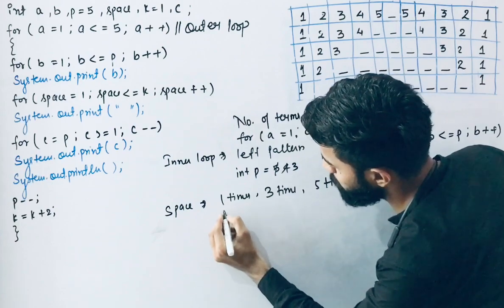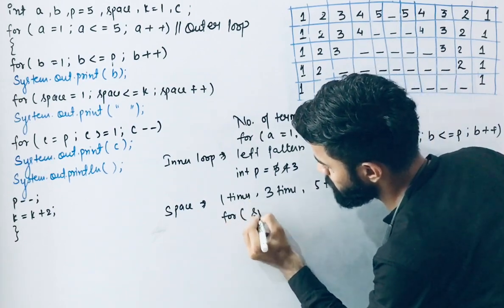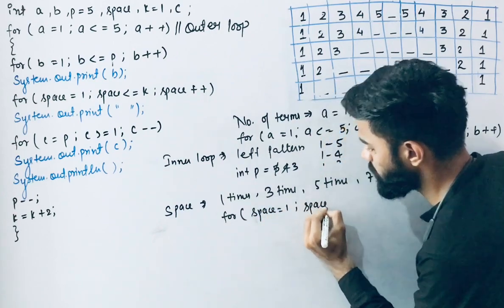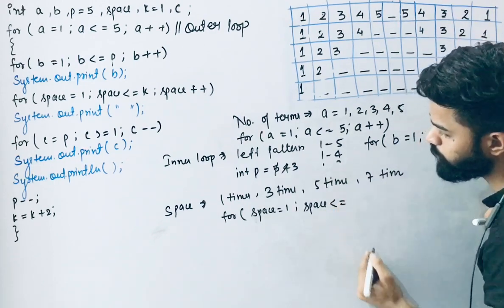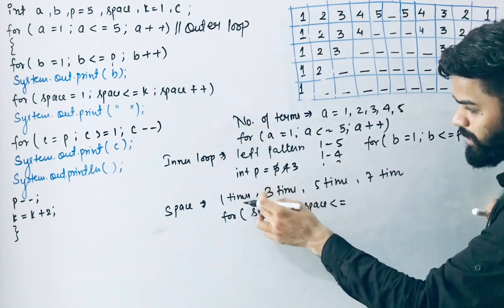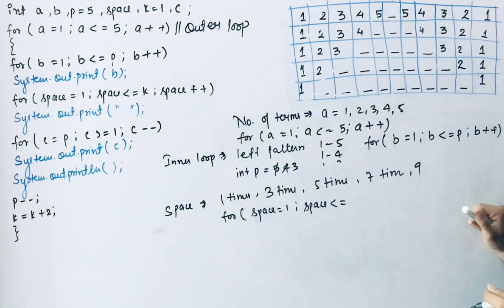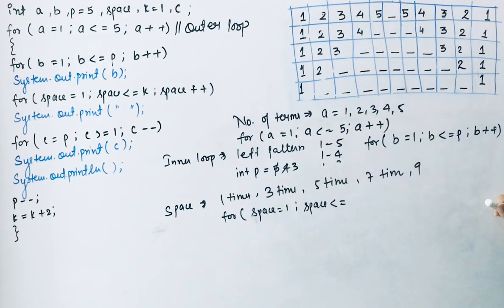So now again I am writing here for space equal to 1, space is less than or equal to what? So it also changes: 1, 3, 5, 7 and then 9. Yes or no? 1 space, 3 spaces, 5 spaces, 7 spaces and 9 spaces. So it also changes.